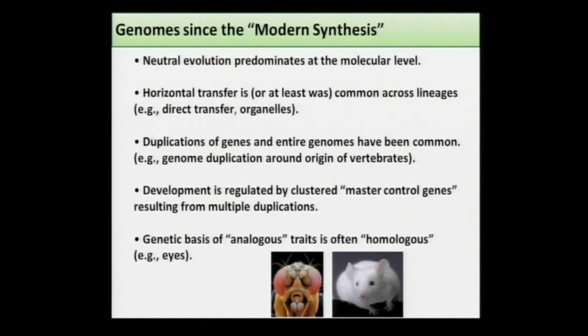We know that many times structures that are analogous at the organism level are homologous in some way at the genetic level. So there are some complexities to those definitions. In other words, some of the genes that are involved in regulating eye development are the same in mouse and in fly, even though the eyes that they produce are different.